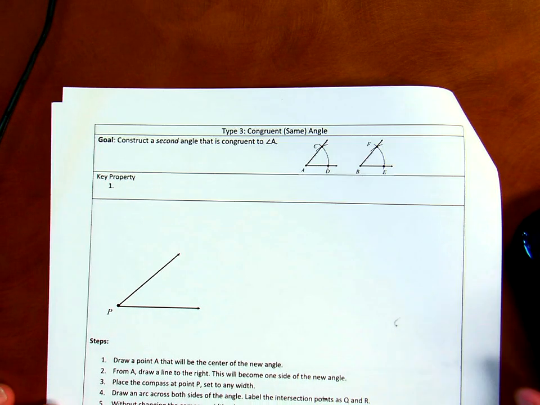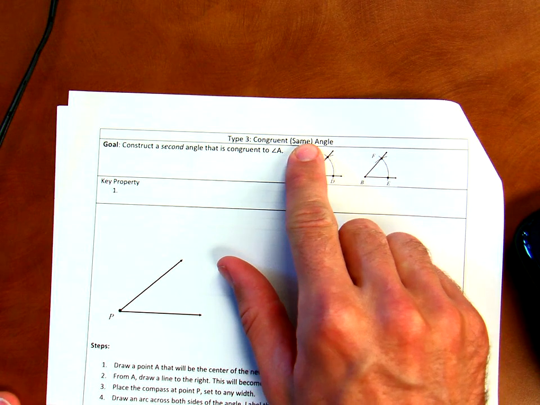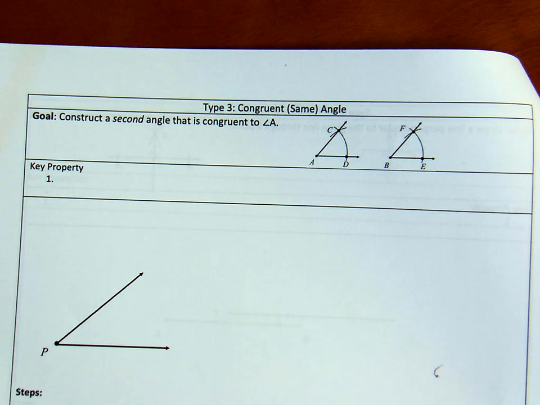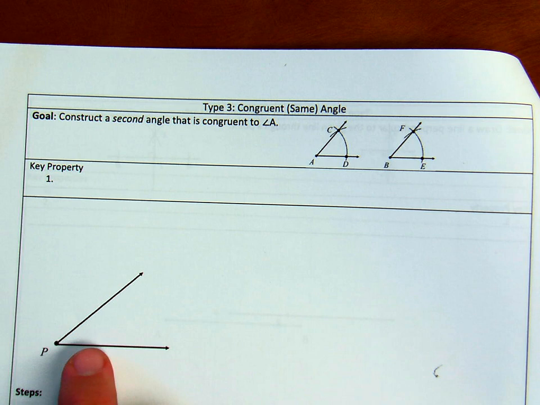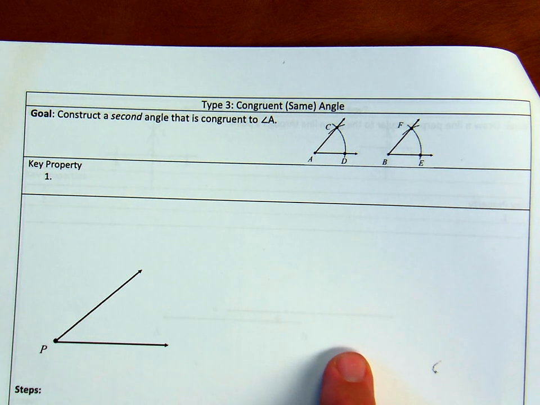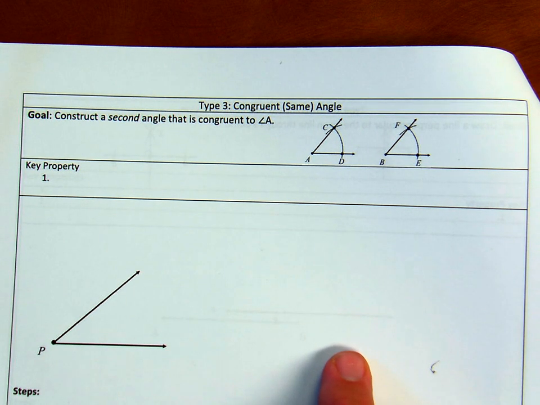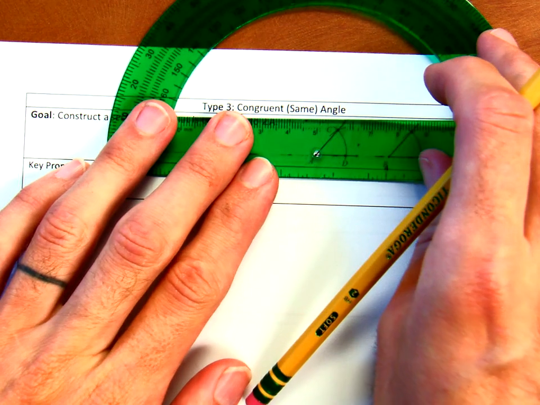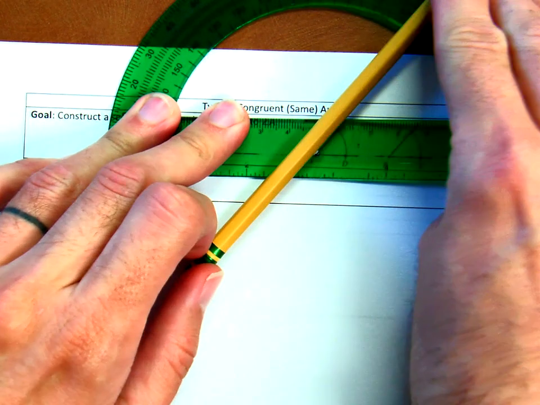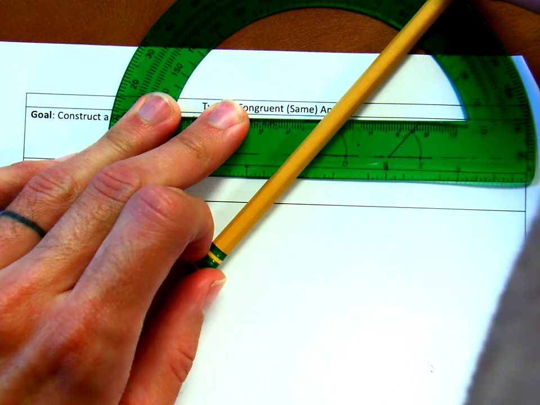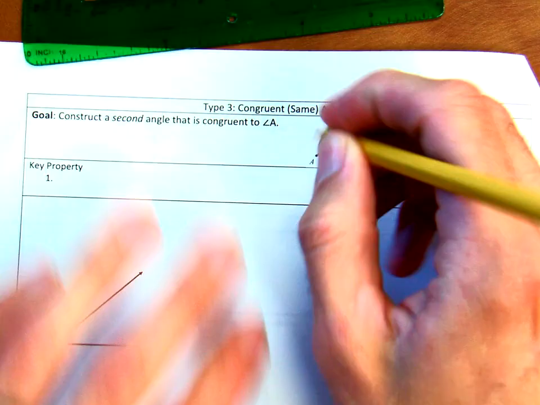In this video we're going to go over congruent, same angle construction. First of all, what is the meaning of this? Well, if we have one angle, I want to make a completely identical angle of equal measure on the right hand side. So let's say if we have an angle, I'm going to bust out my protractor here. This angle looks to be about 50 degrees.